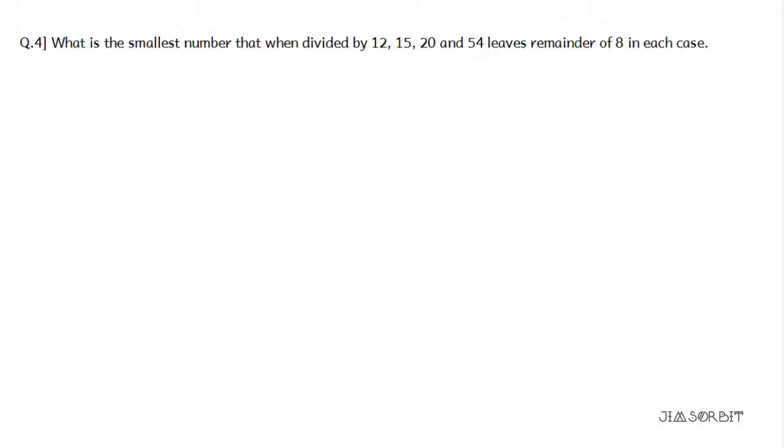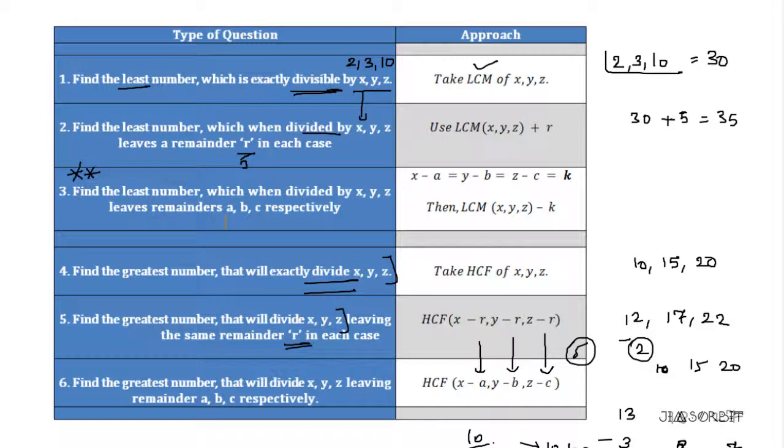Let us now jump to the next part. Now the question says: what is the smallest number that when divided by these numbers leaves a remainder of 8 in each case? It's a direct property. Find the smallest number which when divided by x, y, z leaves a remainder R in each case.